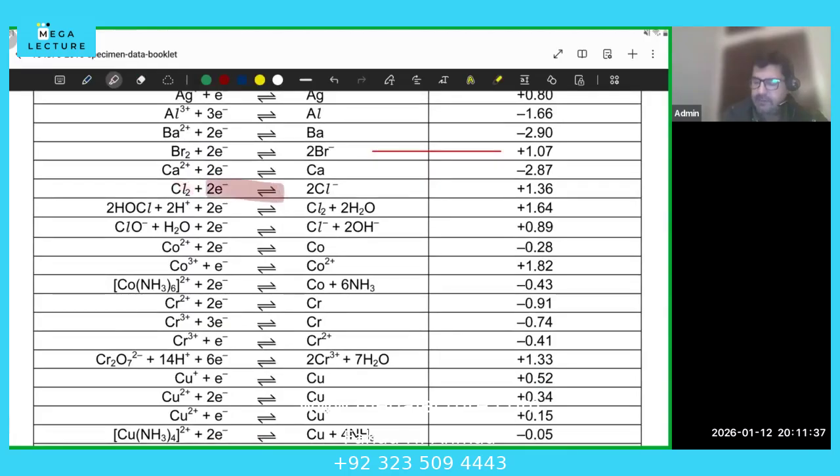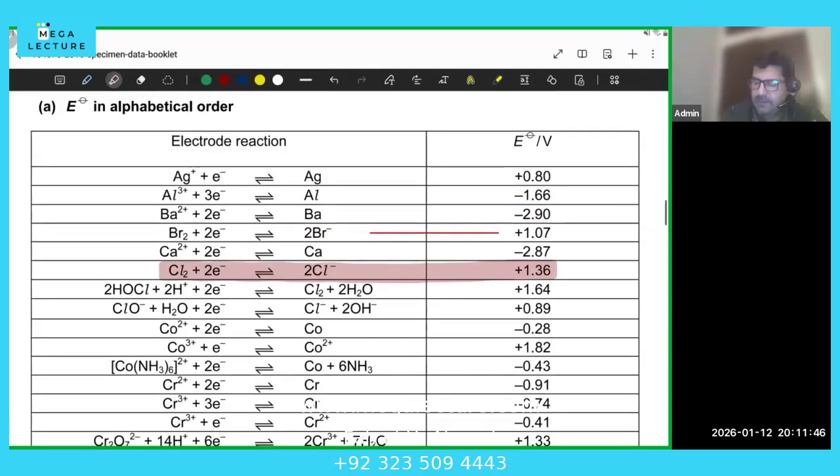For example, if I pick Cl2, if I pick this electrode, which is at equilibrium at the moment, and let's say I want to figure out what's going to happen if it reacts with silver. There are two reactions. One of the electrodes is higher. That gains electrons, so it's going to move in the forward direction.